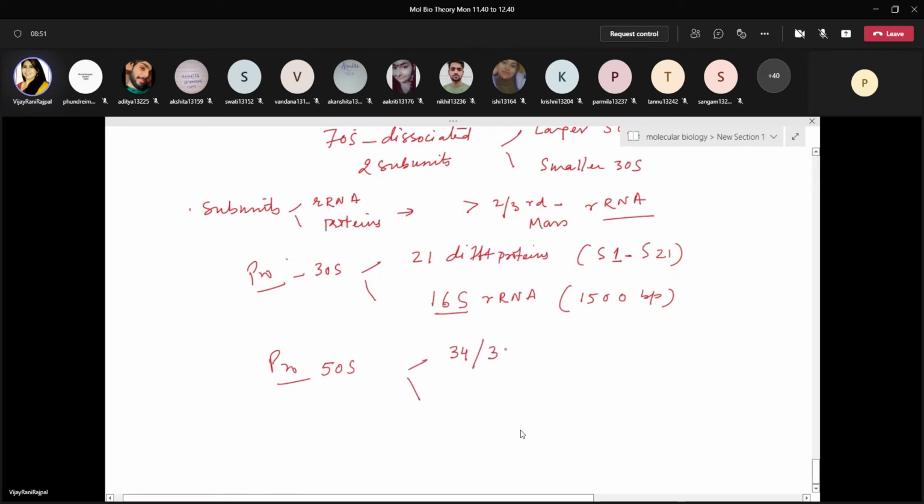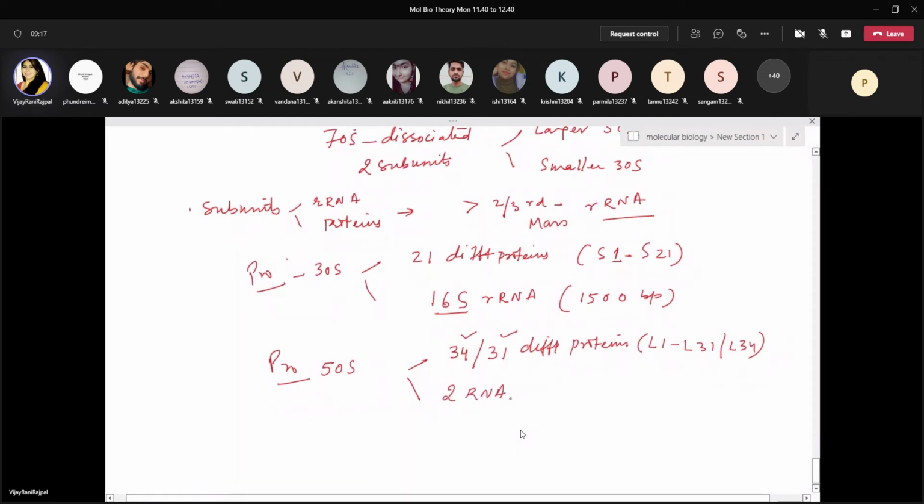Other books say they contain 31 different proteins. So either 31 or 34 different proteins, which are labeled as large, L1 to L31 or L34.